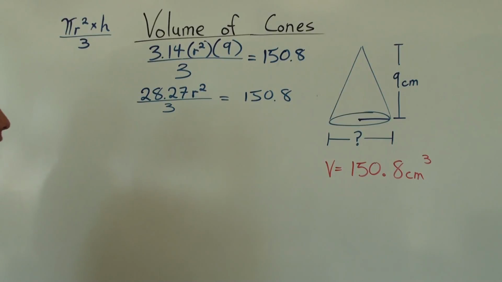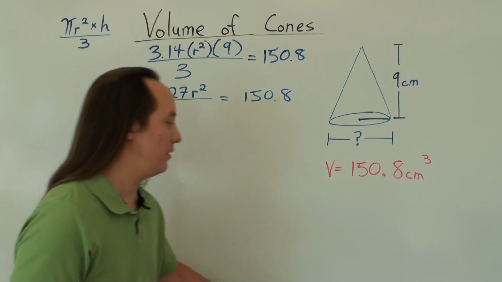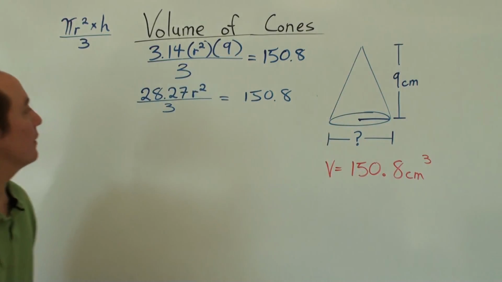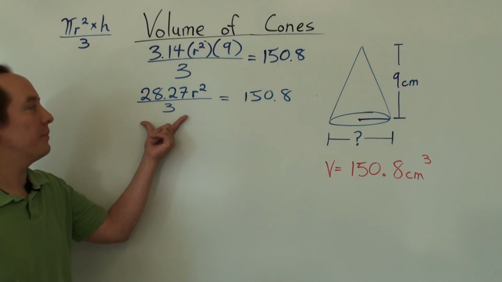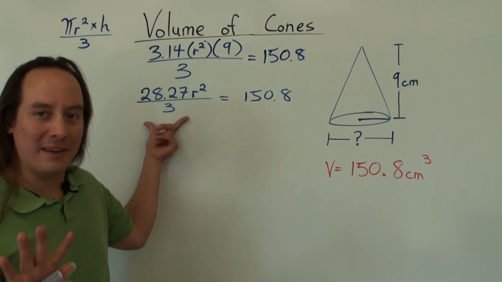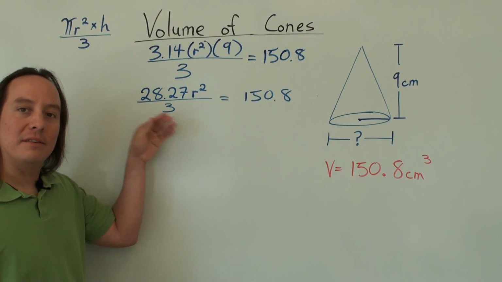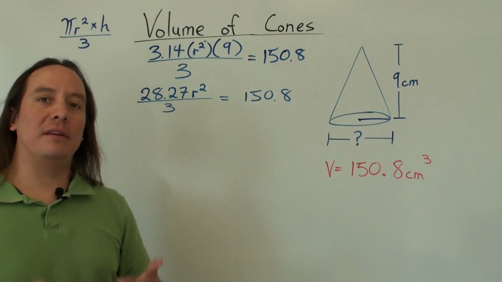So now what I'm going to do is get rid of the fraction, okay, and I'll go ahead and change colors like I usually do. I got my marker. To get rid of the fraction, the only thing I can really get rid of is the denominator, and it's the easiest way. So to get rid of the denominator, it's divided by 3. What's the opposite of divided by 3?